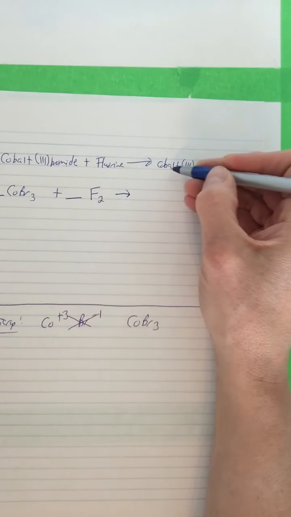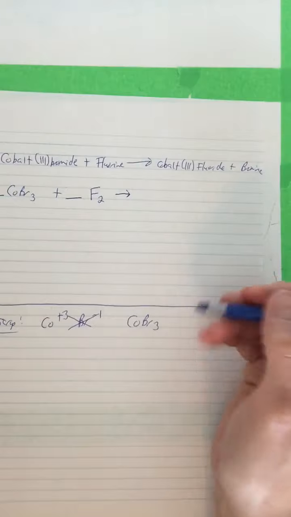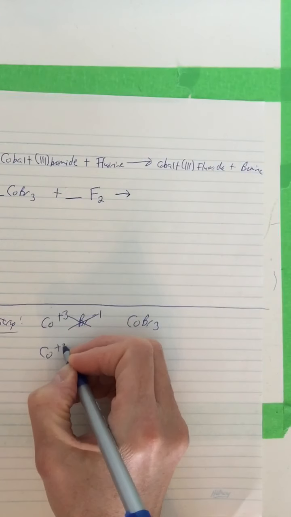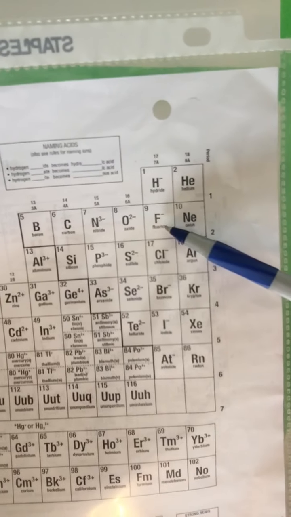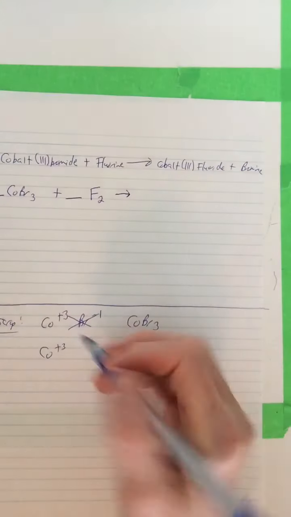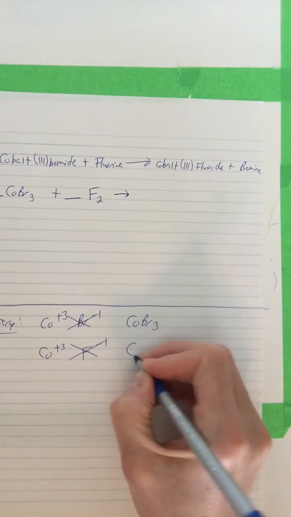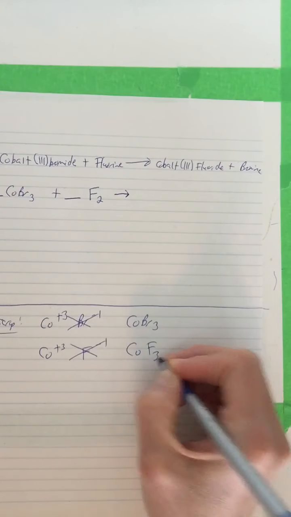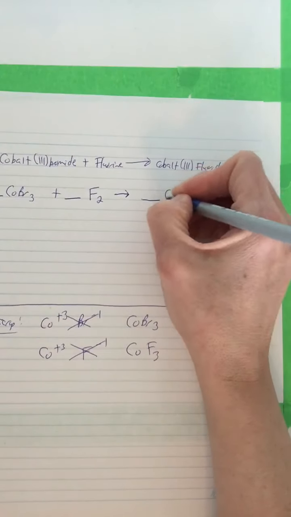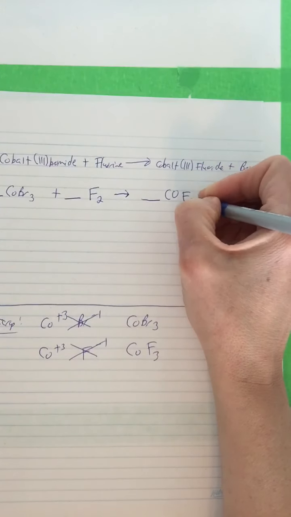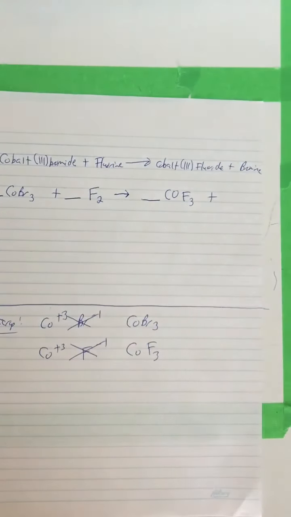And it's going to yield cobalt 3 fluoride. Well, cobalt 3 we know is Co plus 3. If we looked up fluoride on the periodic table, we would see right here it's a -1. F -1. Cobalt 3 fluoride is CoF3. So I'm going to write that here. CoF3 plus bromine.